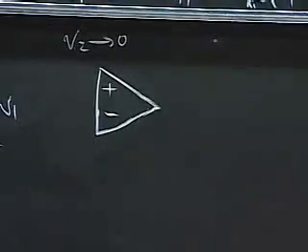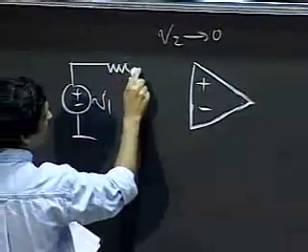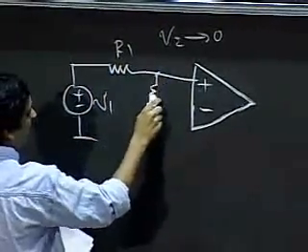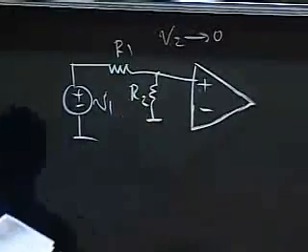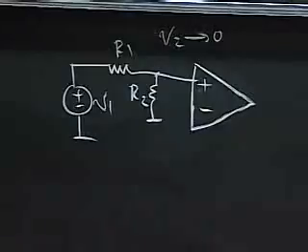This is V1 as before. Recall that V1 was going to the plus node through a resistor R1, and then I had R2 to ground. Then let me short V2 to ground.